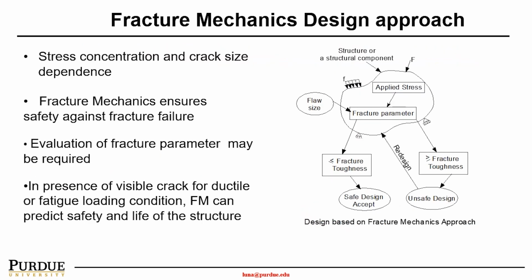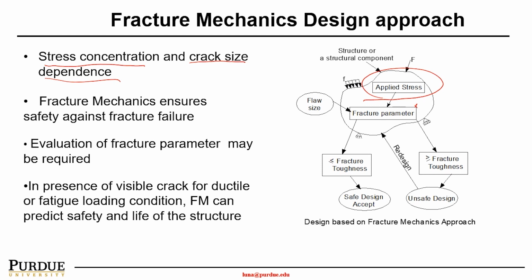In real life, we use a fracture mechanics design approach. In this case, we'll consider stress concentration and crack size dependence. So we're looking at applied stress. By using applied stress, we will calculate the fracture parameter, which we'll discuss later in the lecture. And by using that, we'll compare it with the material's intrinsic fracture toughness.